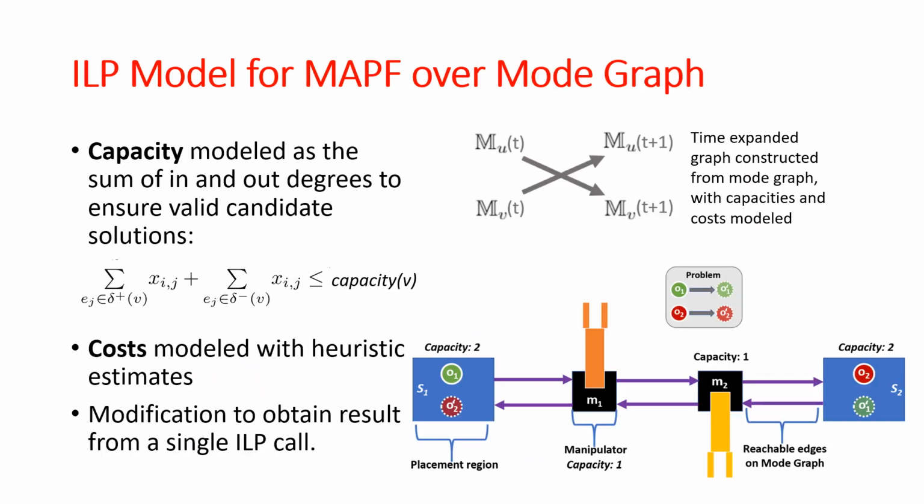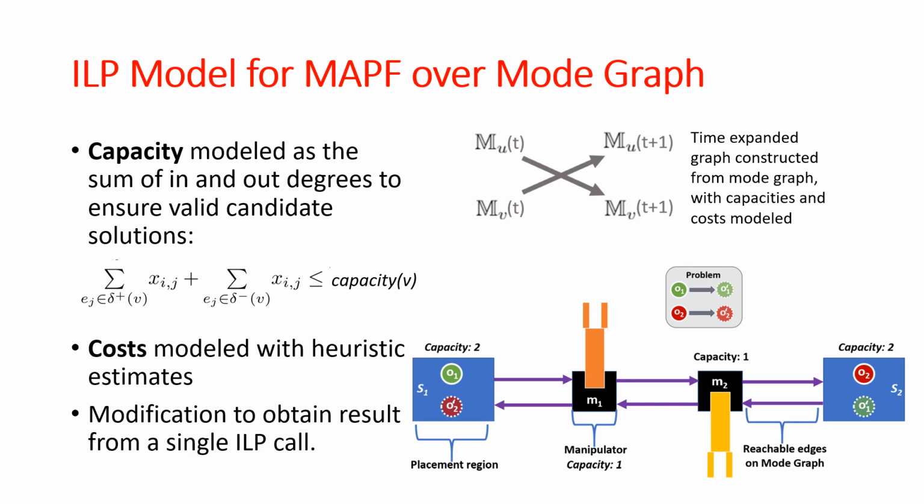Now, in terms of the integer linear programming model for this abstract search, we leverage previous work which showed that there exist very efficient models which can map this problem to a multi-commodity network flow, which can be very efficiently solved.